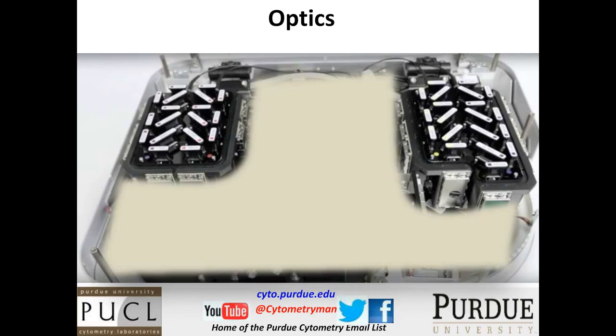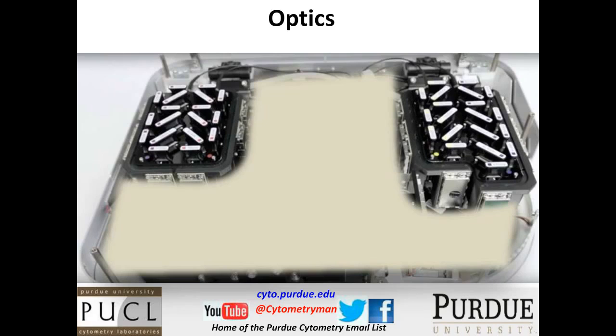So we have some preamplifiers. You see a bunch of preamplifiers on this instrument, and the photomultiplier tubes are inside there somewhere. And then we have a bunch of dichroic filters that you can see here, and a stack of bandpass filters.